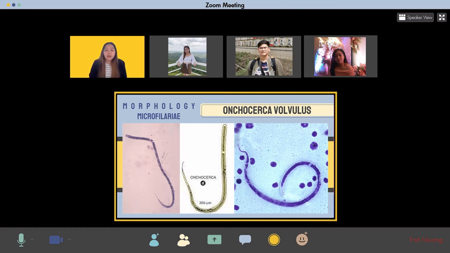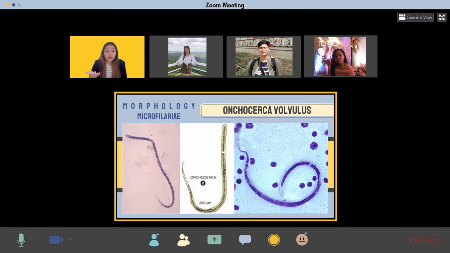I am showing you many images of the Onchocerca volvulus microfilaria since we all know that the microfilaria is not stagnant. It does move, which means that what we see under the microscope may not always be in a fixed position. It can coil, it can curve into any direction.